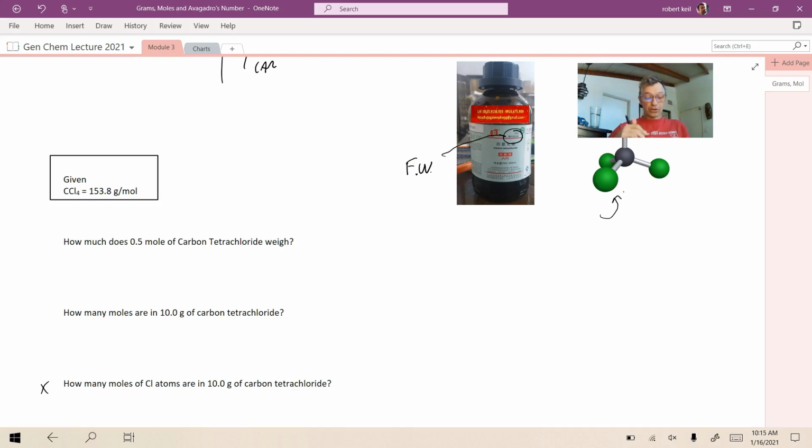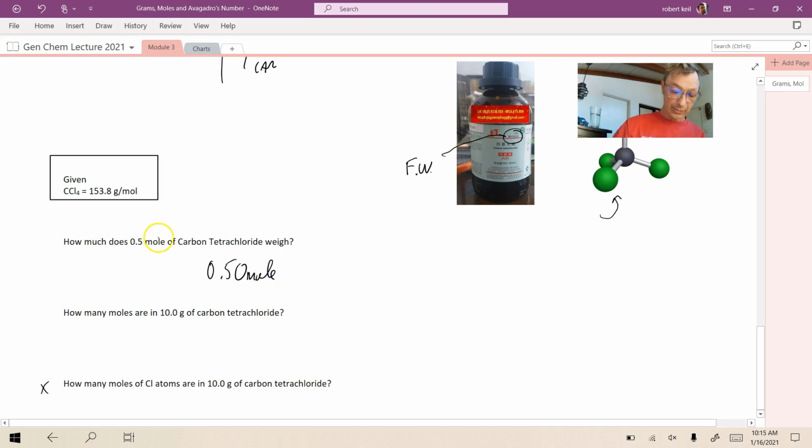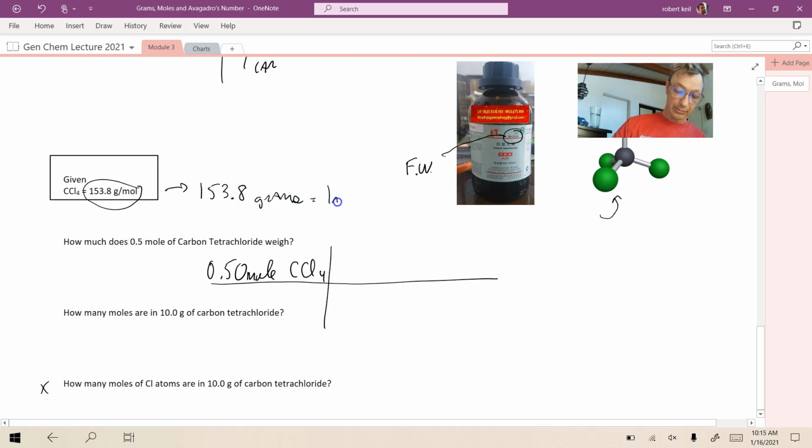Okay, so first 2 questions. If I told you how many moles of carbon tetrachloride there are, how much does that weigh? You could say 0.50 moles of CCl4. You really should label everything. Not important now, but important later. This term, grams per mole, if you expand it, means this: 153.8 grams equals 1 mole of CCl4.